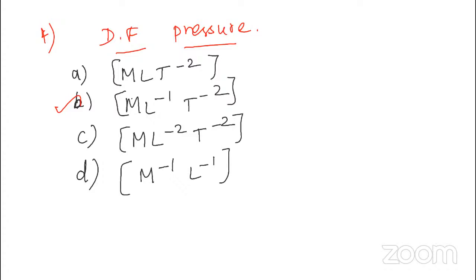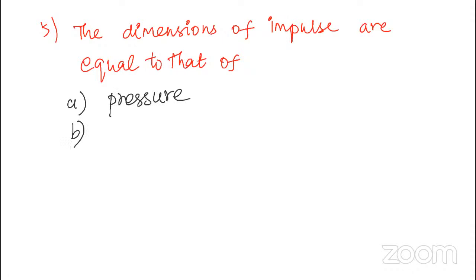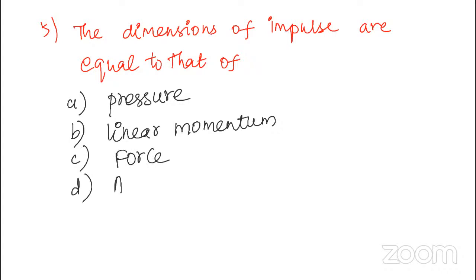Then one more question, that is fifth. The dimensions of impulse are equal to that of: option A, pressure; B, linear momentum; C, force; and D, angular momentum.